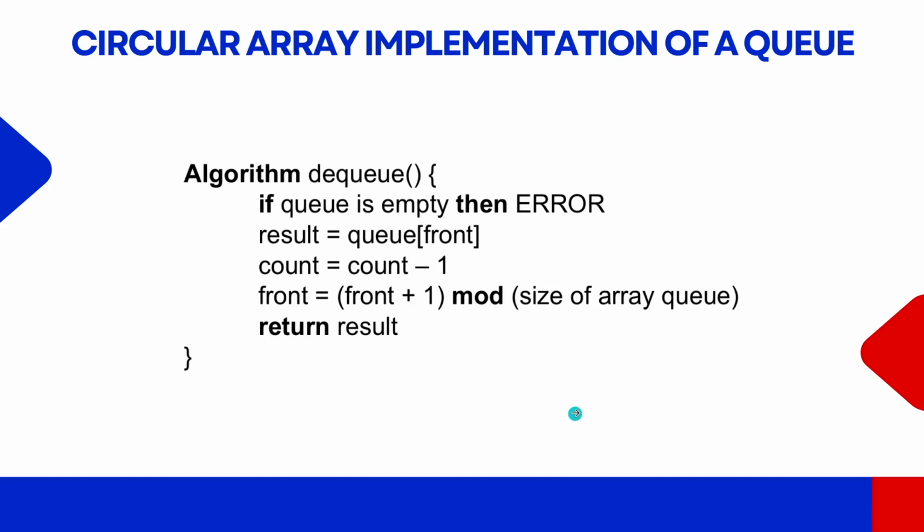And here you see the algorithm for DQ. Whenever we do a deletion operation on the queue, we need to check whether the queue is empty or not. If empty, we will report an error. Otherwise, we fetch the element that is available at the front position and decrement count by 1, and after that we have to advance the front pointer.